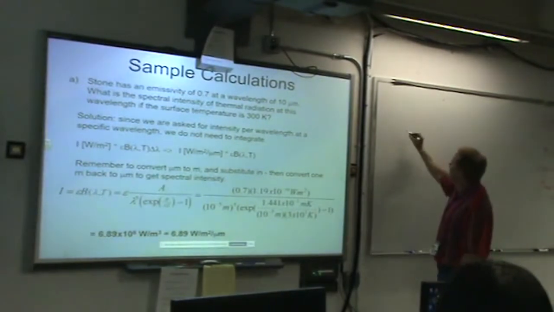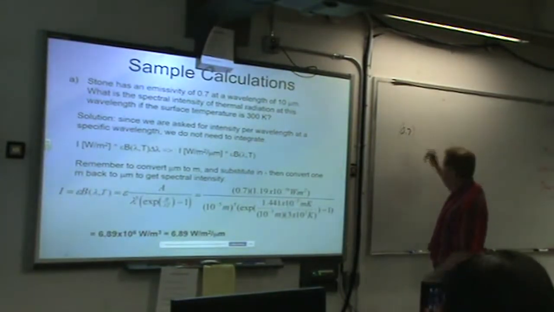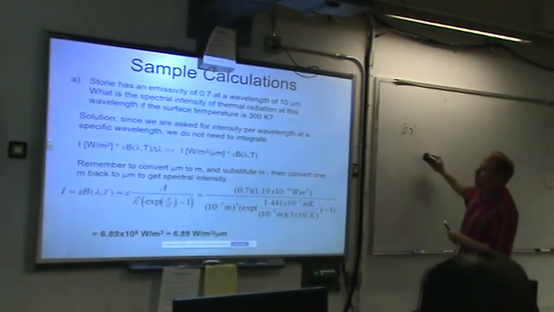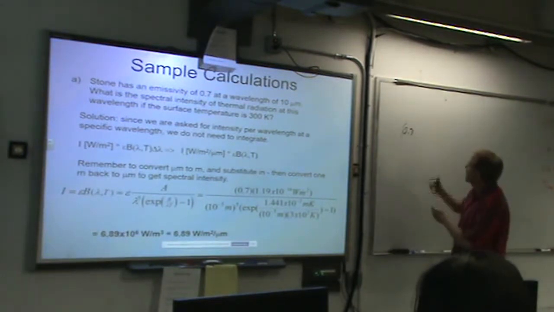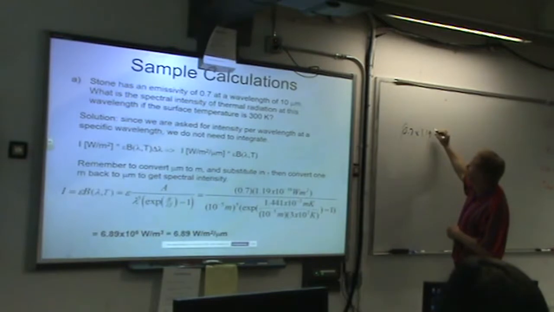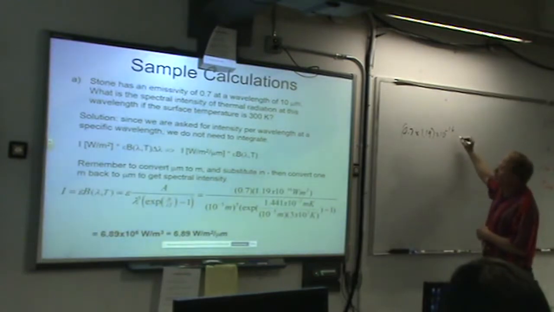So we're going to have 0.7 times 1.19 times 10 to the minus 16. Then we're going to have watts per meter squared.